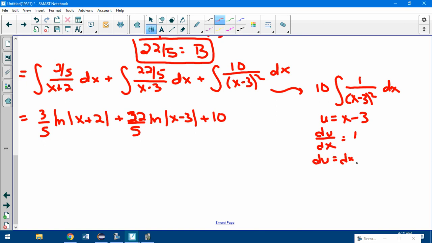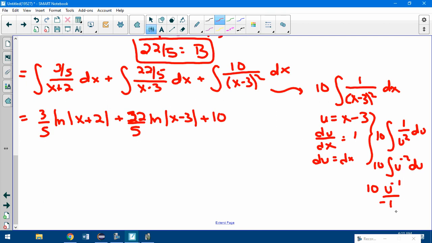So this would turn into 10 times the integral of 1 over u squared du, or 10 times the integral of u to the negative 2 du. And when you add 1, this is just power rule, it'd be 10 times u to the negative 1 over negative 1. So it's negative 10 over u, which was x minus 3. So this last term actually becomes a negative 10 over x minus 3, and then don't forget your plus c.